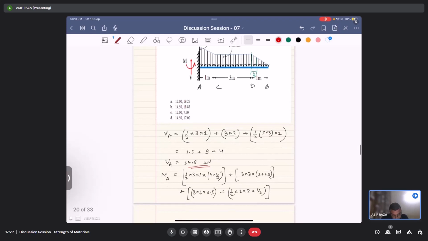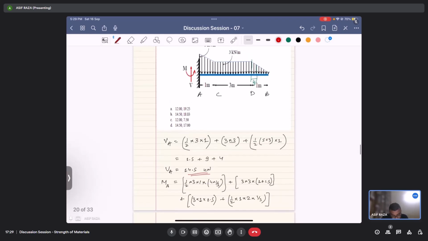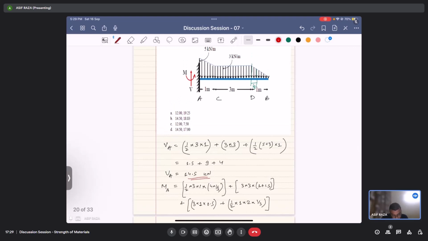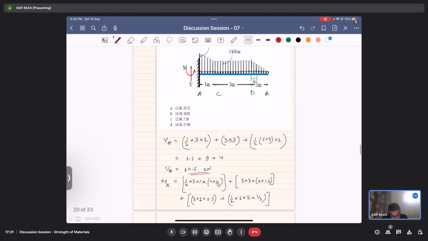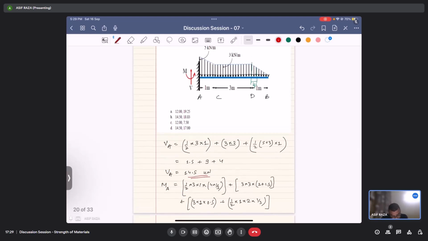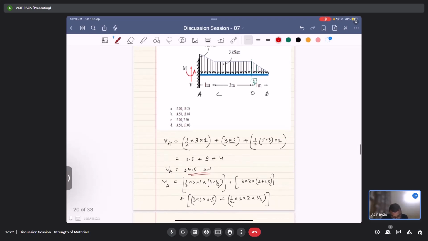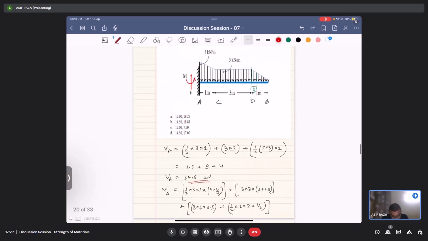Now this is from the CD part, 3 into 3 and the distance is 3 by 2, that is 1.5. So 1 plus 1.5, that is okay. Now for the trapezoidal part, 3 into 1 into 0.5, that is also okay. Now this one, 5 minus 3, this is 2, right? So half into 1 into 2, 1 by 3. This is also correct.